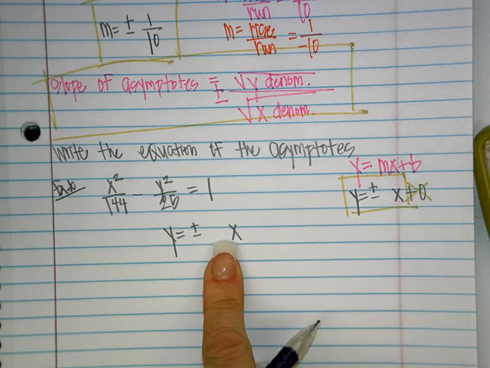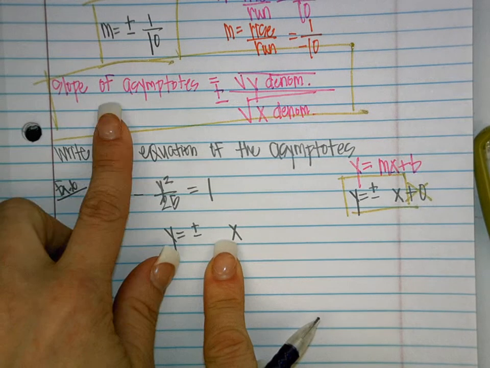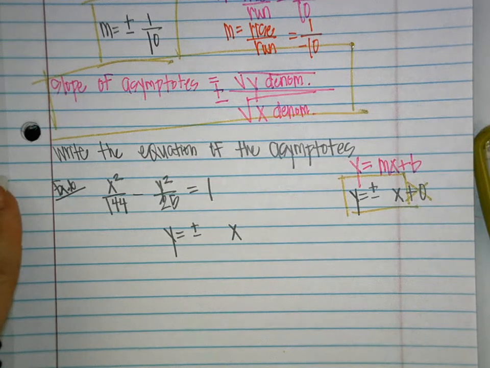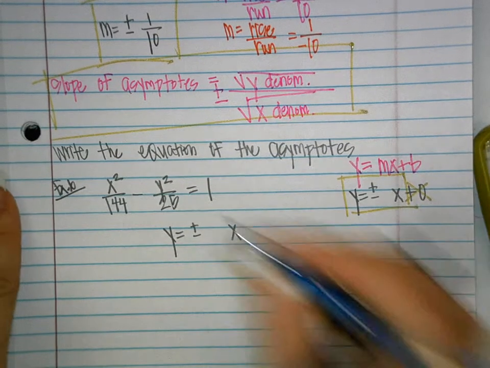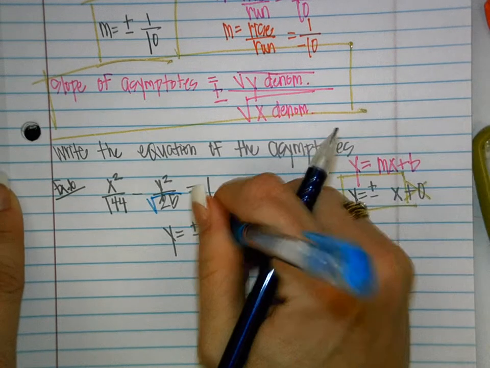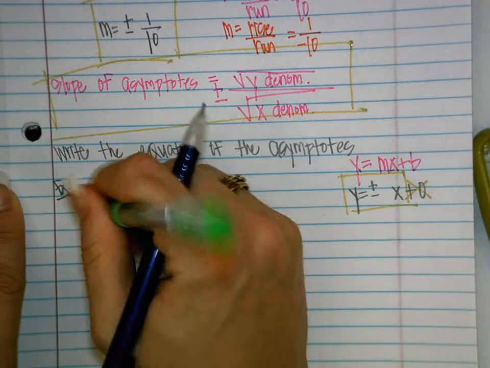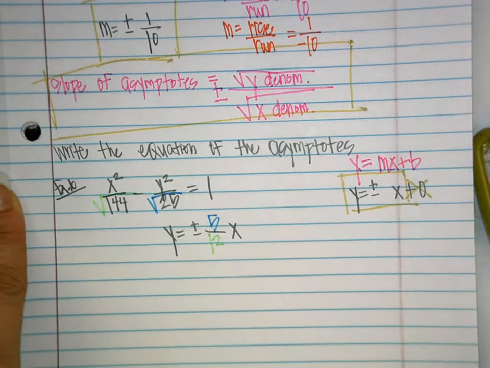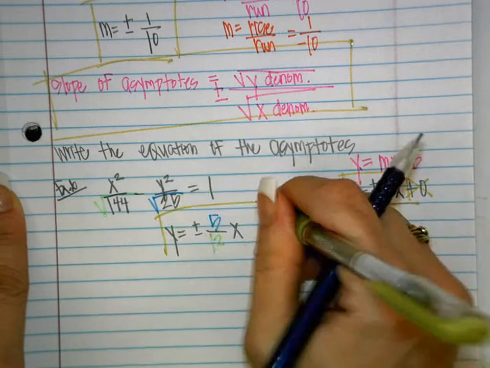Okay, remember I just told you slope of the asymptotes, square root of the y denominator. So which is the y denominator? What's its square root? Excuse me. 5 over, what's the square root of the x denominator? 12. This is your answer. That is the equation of the asymptotes.